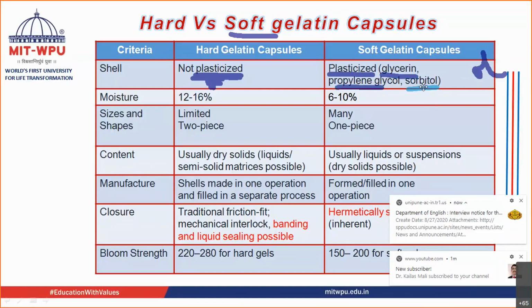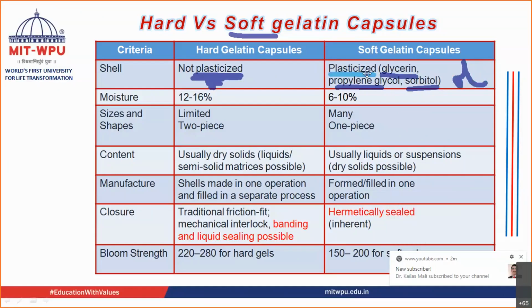All that end with "ol" are examples of plasticizers. So these plasticizers are required to be used in a soft gelatin capsule. It is an integral part of the soft gelatin capsule shell, right?